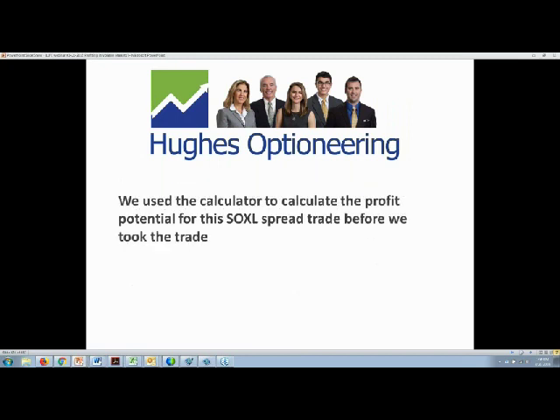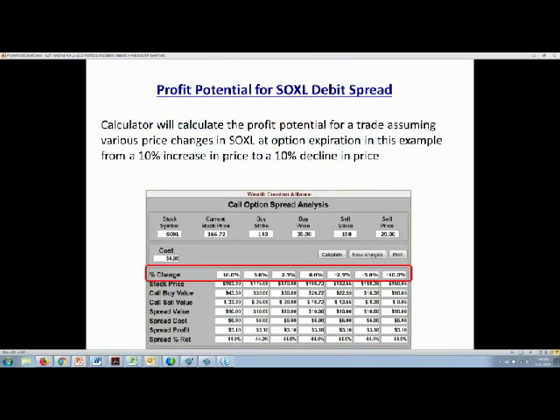Let's take a look at the profit loss potential for this SOXL trade using the debit spread calculator. The calculator will calculate the profit potential for a trade assuming various price changes in SOXL at option expiration. In this example, from a 10% increase in the stock price to a 10% decrease in the stock price.